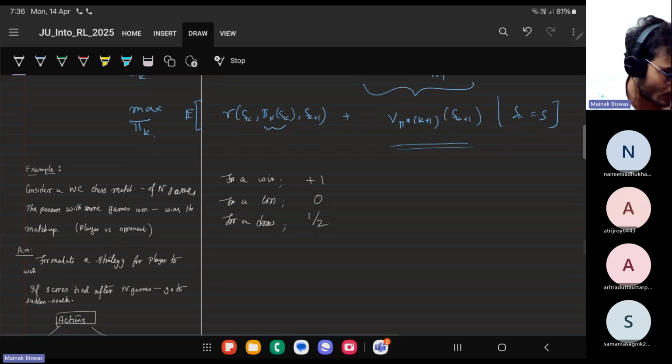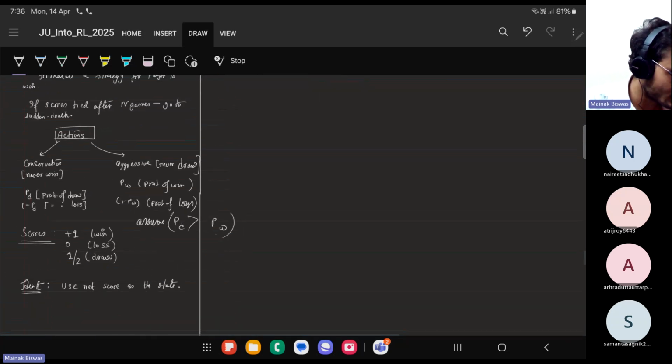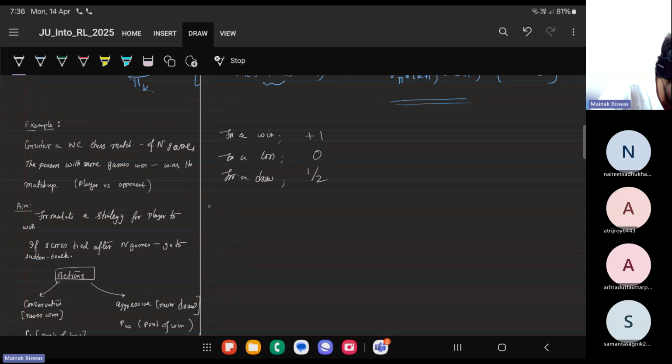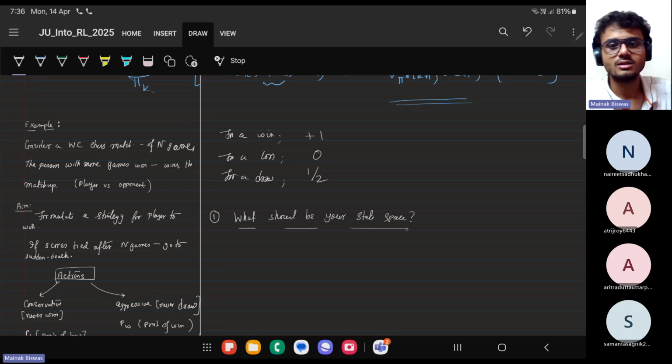Now the first question that you are told to ask is, what should be your state space? Any idea? How could you define the state space?